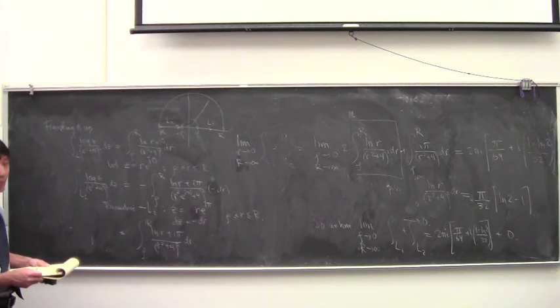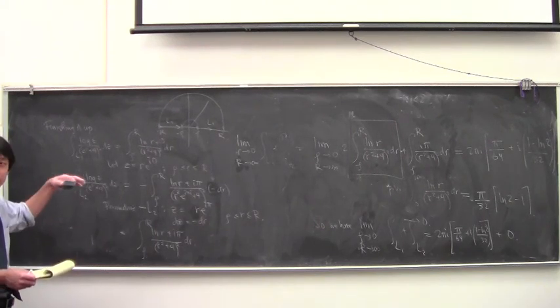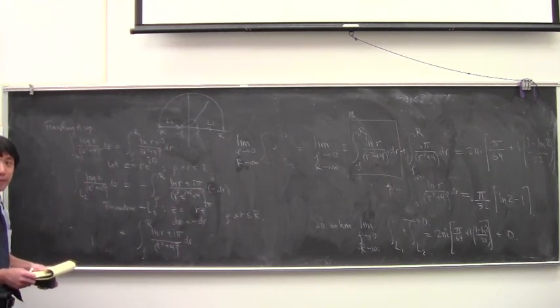Say one more time. If you're integrating from negative infinity to infinity, you're interested basically in the real logarithm. Yes. Because the real logarithm isn't defined for the negative numbers. Oh, that's right. Okay. Yeah. Sorry.